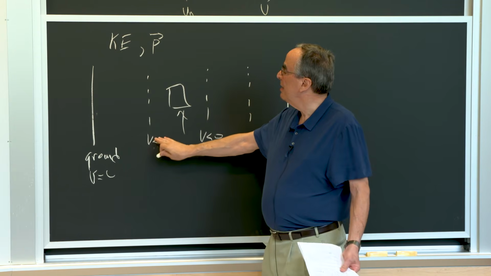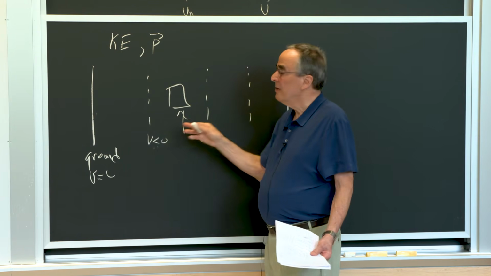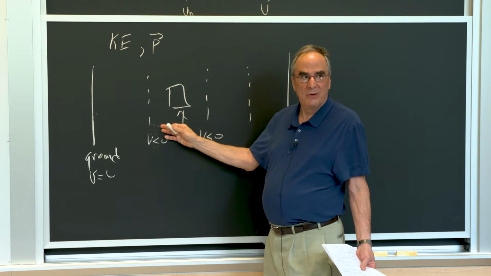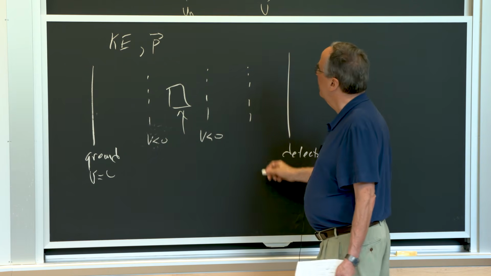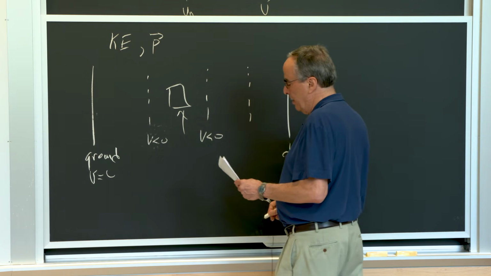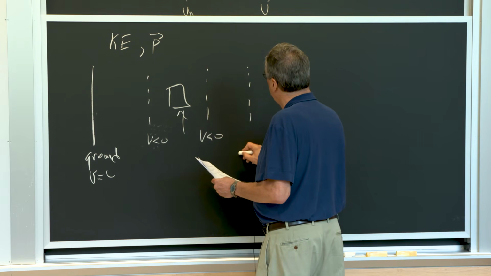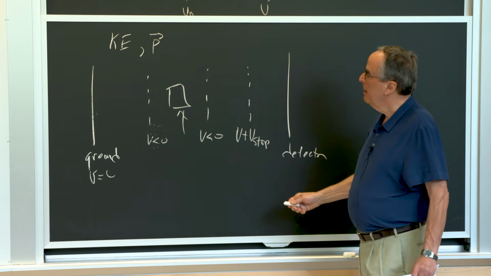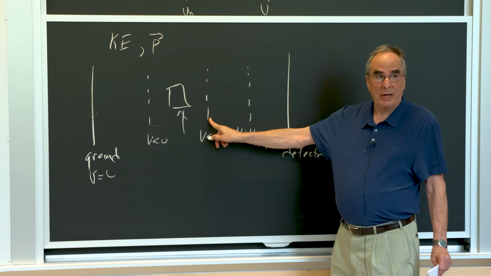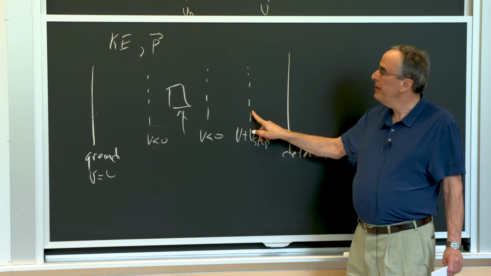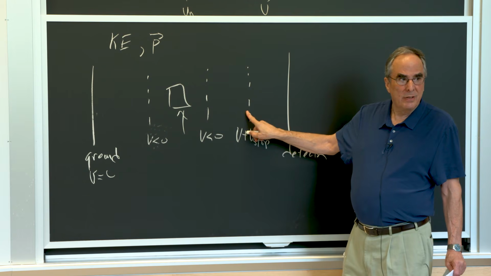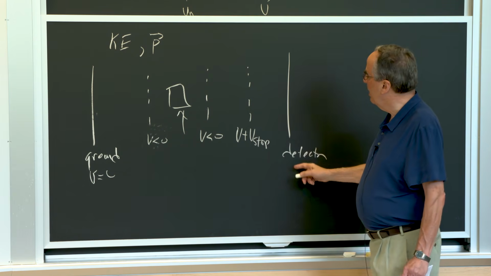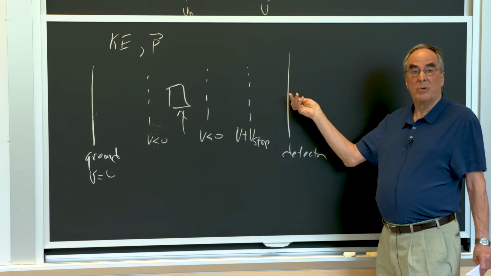Electrons don't like that, but these two grids are at the same potential, so the electrons don't know which way to go. And then there's another grid where the potential is V plus V stop. And so what happens is if the electron is ejected with enough kinetic energy to go uphill and cross through this grid, then it will make it to the detector and we'll count it.